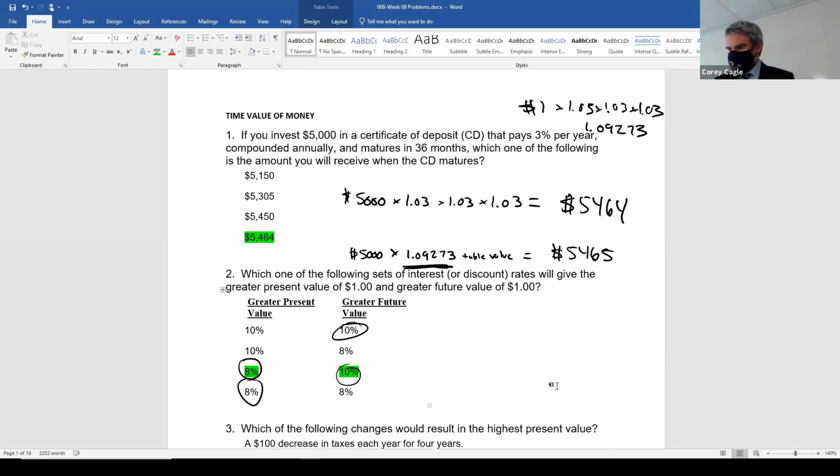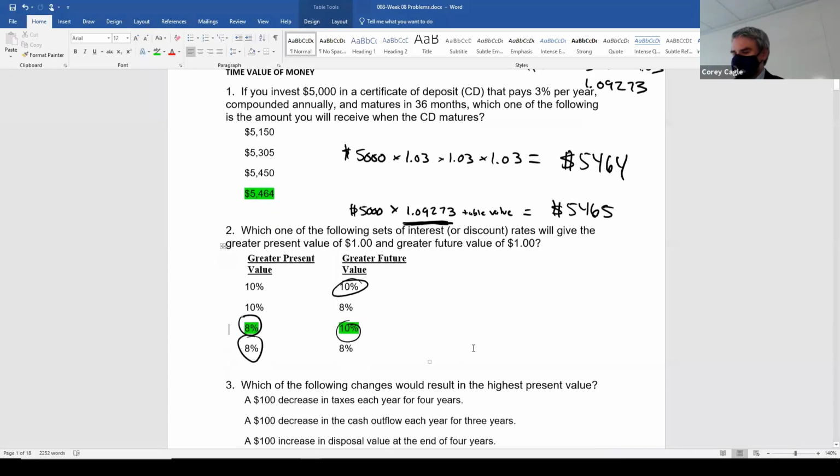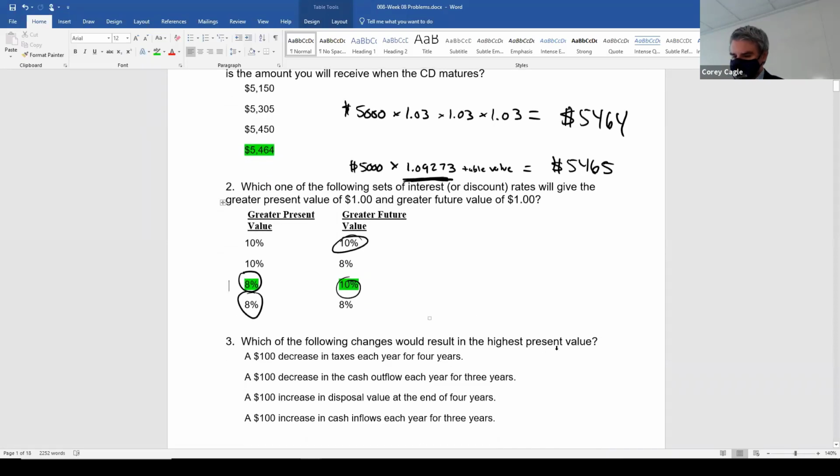I think the future value idea is more intuitive. You're investing money, larger interest rate is going to give you more money, right? When you're thinking about getting the present value of something, you're usually applying the idea of a cost of capital instead of an interest rate that you're achieving, right? So the less the cost of capital is, 8%, the greater your value is right now. Another way to think about it.